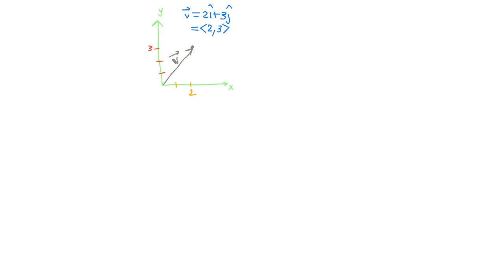Now, what is the norm of this V? By norm, we mean the length of V, the magnitude of V. How do we find it? We're talking about this distance from the origin to the end of this vector. What is the distance between these points?